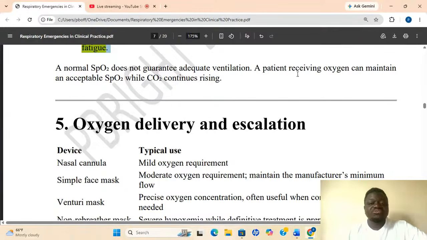A patient receiving oxygen can maintain a perfect SpO2, but still the carbon dioxide will be trapped. That is where a lot of people fail. You're having good oxygenation, but ventilation is a problem.